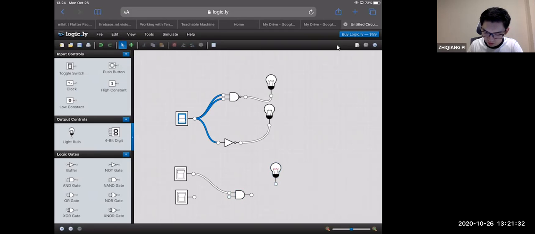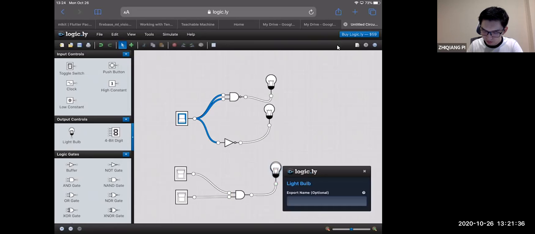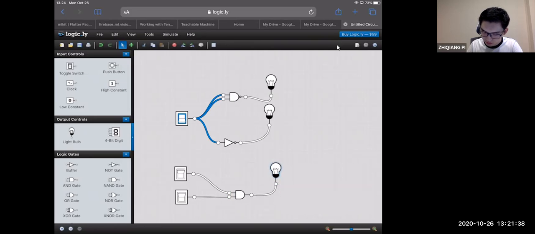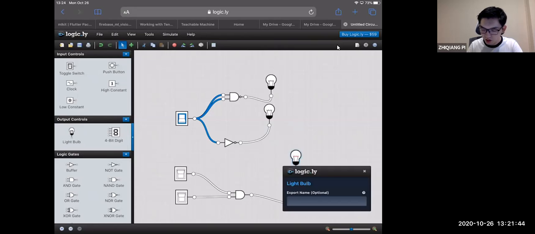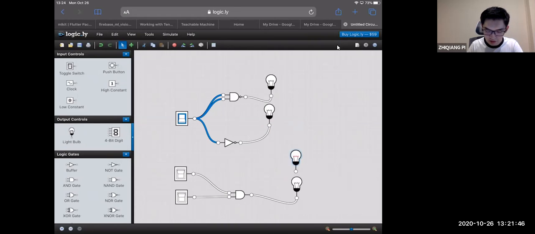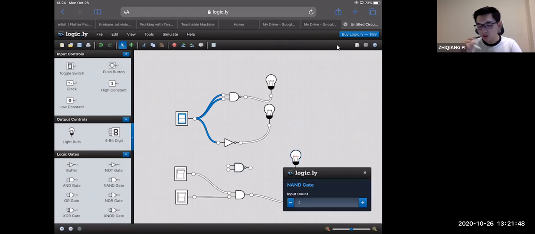So let's build that first. Let's put it here instead. This should be the same, and we should only be using the NAND gate. So we know that the NAND is simply a negation of AND. And as we've seen in the previous example, we can easily construct a negation using a NAND gate.